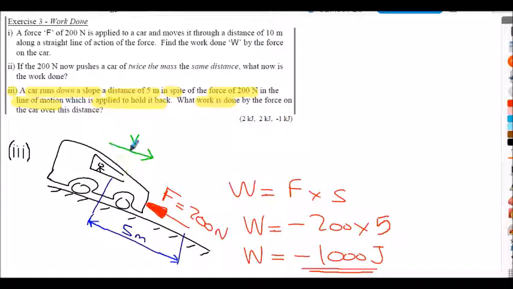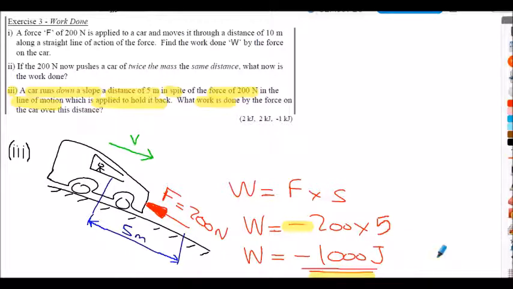Our motion is down the incline, but our resisting force is up the incline. So therefore, when we calculate the work done, the 200 newtons must be considered to be a negative 200 newtons. It's opposing the motion. This is effectively work out of the system. So the work done is negative 200 multiplied by 5. So it's negative 1,000 joules in this particular case.